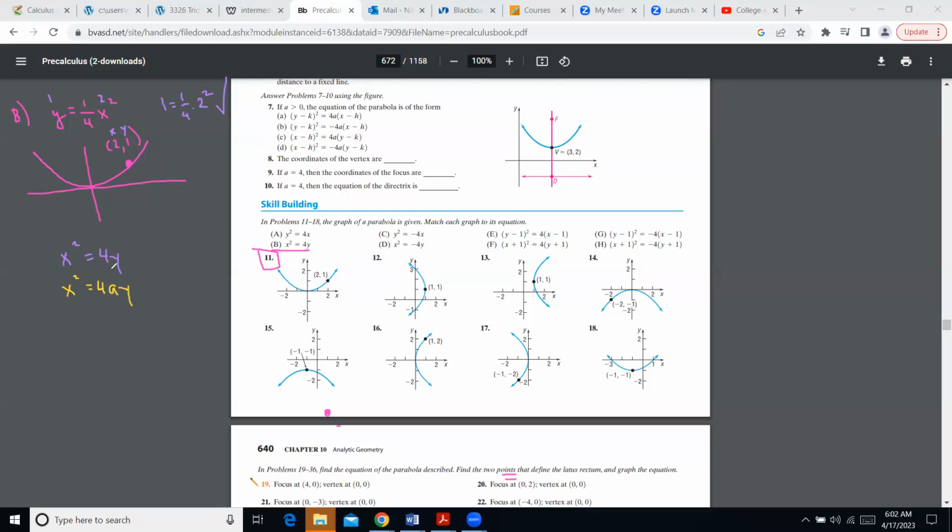So instead of the coefficient with y, I put 4a. Whatever it is happens to be 4. So I can find that a is equal to 1, and that's exactly where the focus should be located, at point 1, 1 unit away from the vertex.